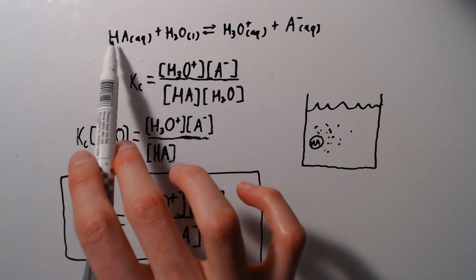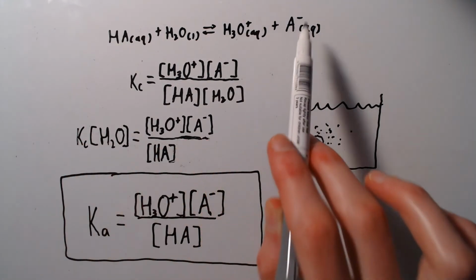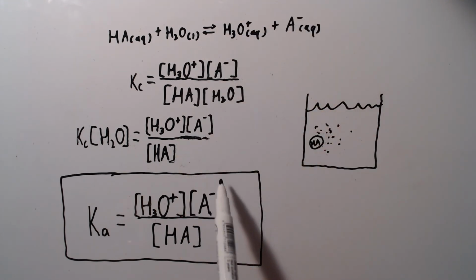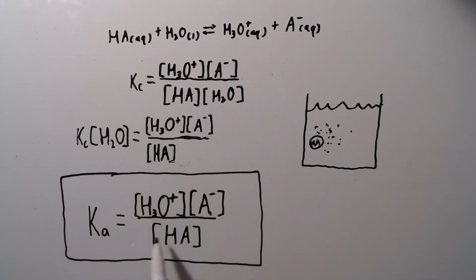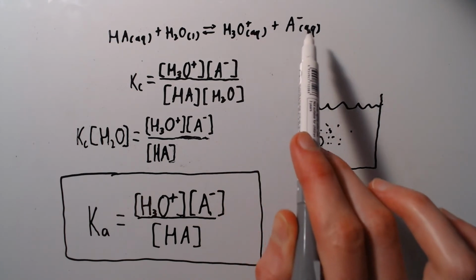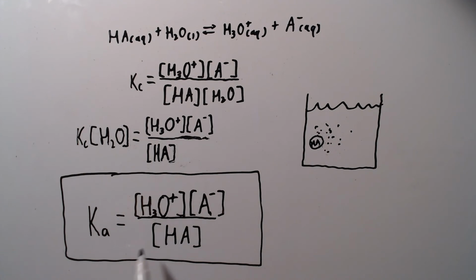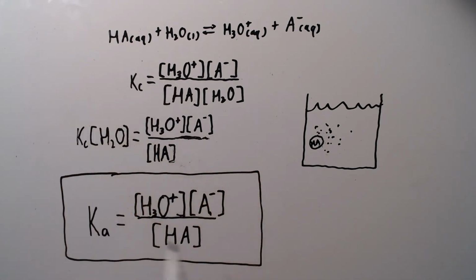So let's say some of this acid dissociated and produced H3O+ and A-. We would have this portion on top and the HA on the bottom. And we would measure the relative amount of H3O+ times A- versus the HA on the bottom, whatever concentration of that acid is left over.